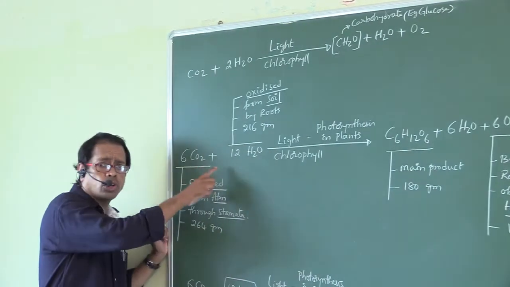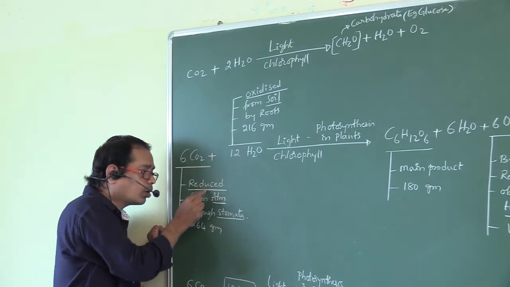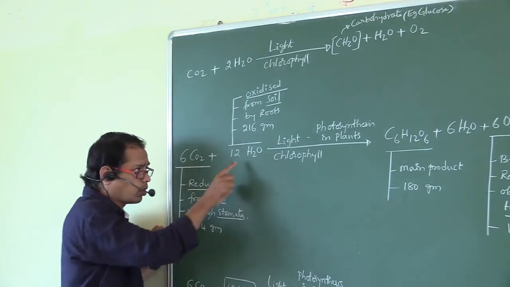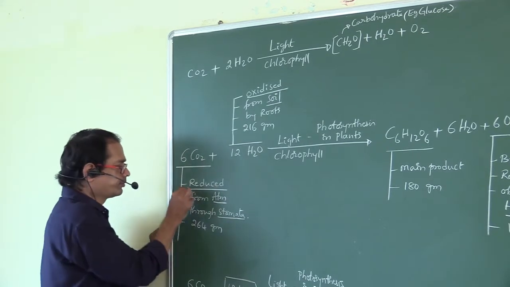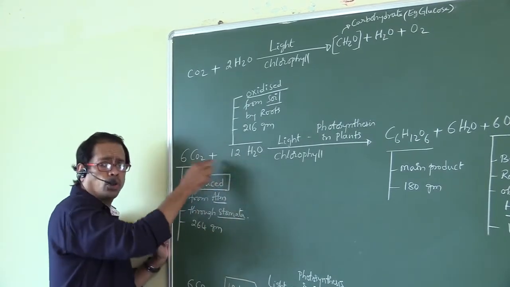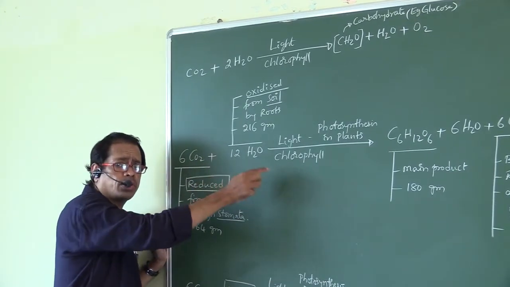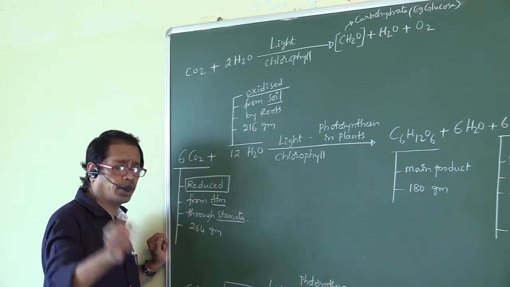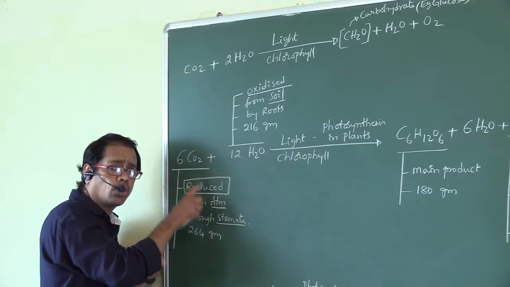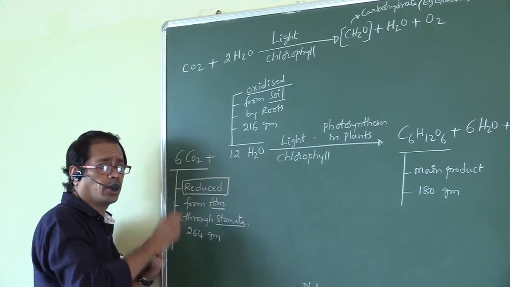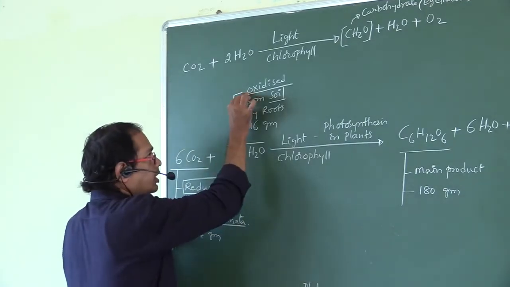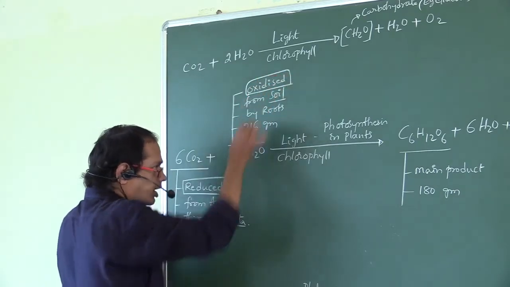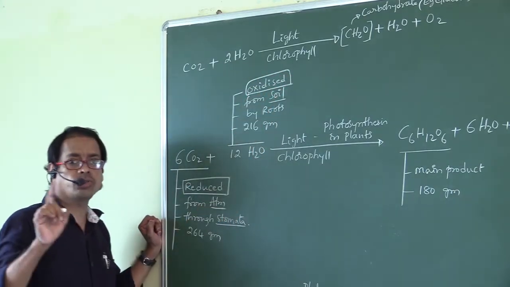So in the photosynthetic equation, CO2 is reduced, water is oxidized. Very, very important point. In photosynthesis, which is reduced? CO2, carbon dioxide, is reduced. Which one is oxidized? H2O is oxidized.